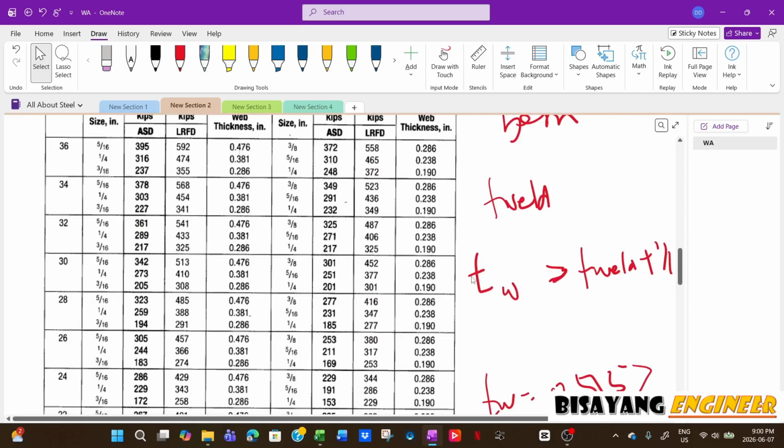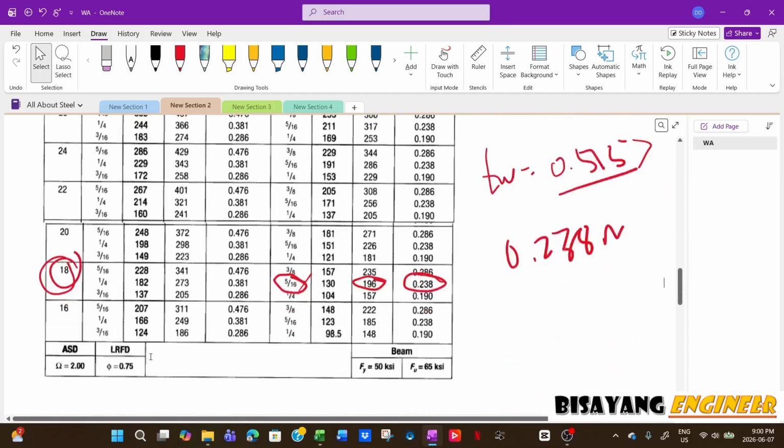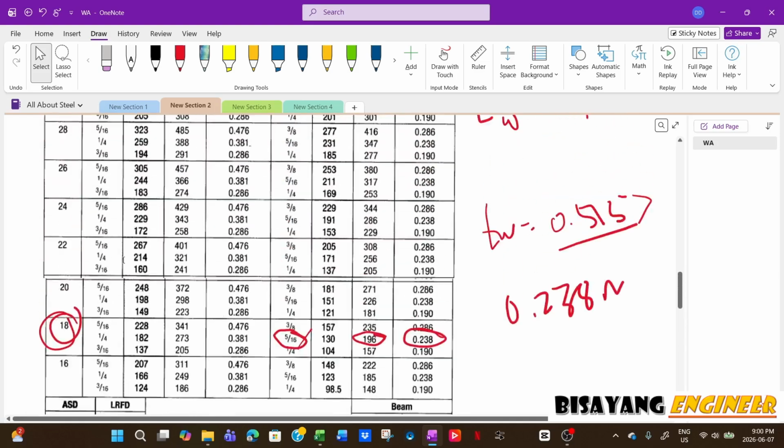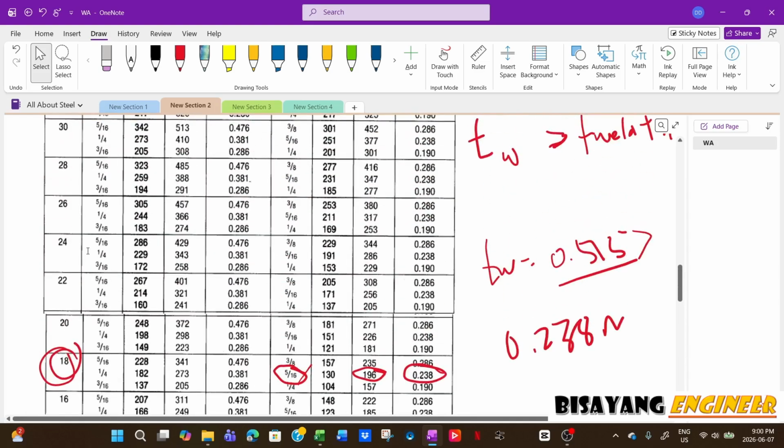If you notice, the capacity is much higher than the demand. So instead of using 18 for the length of the angle, you can significantly reduce this, maybe 16 or 14, whatever is the length required. But there is a minimum length of the angle for stability requirements.